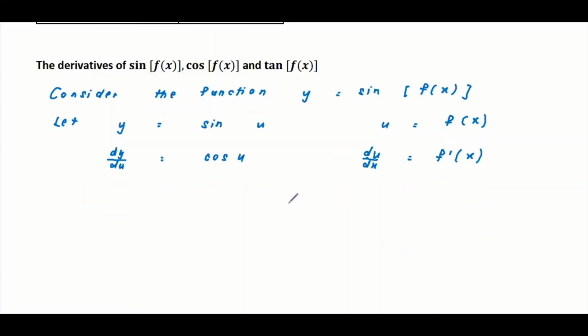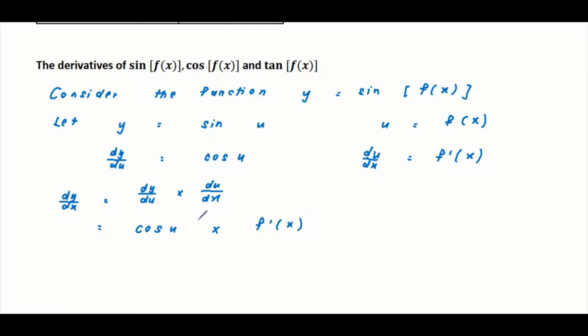Now we use the chain rule and combine them together. dy/dx equals dy/du multiplied by du/dx. dy/du is cos u, and we multiply by du/dx, which is f prime x.